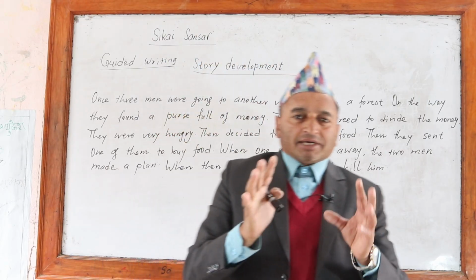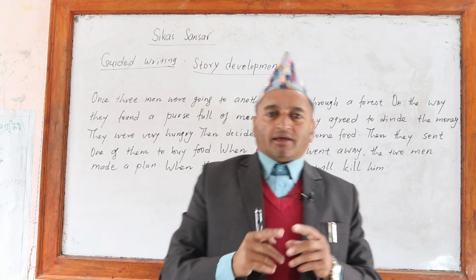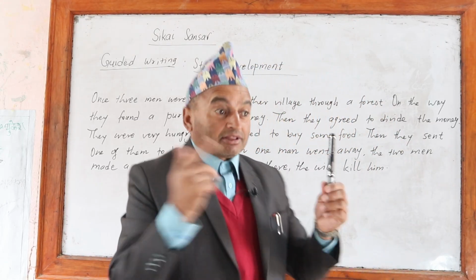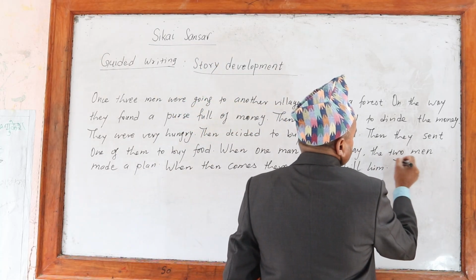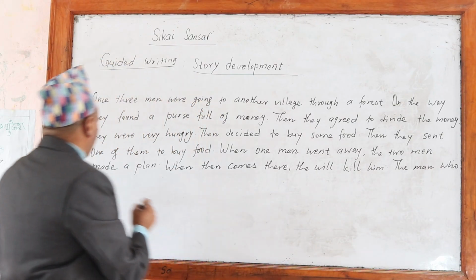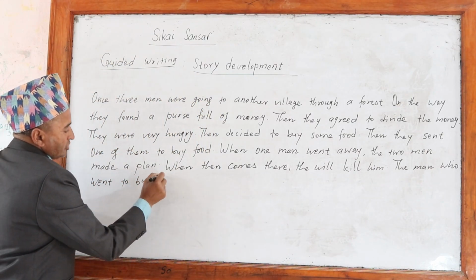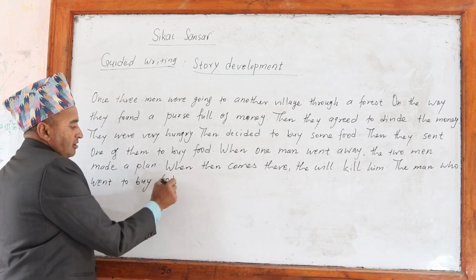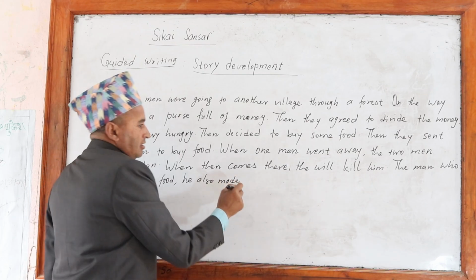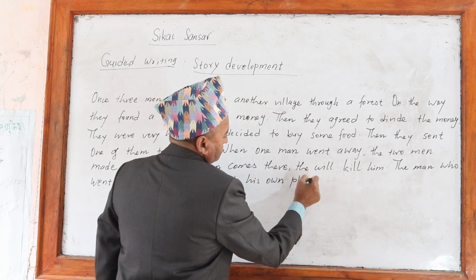And then the remaining two made a plan, and the one who went earlier to buy food was more clever than them, and he also made another plan. The man who went to buy food made his own plan.